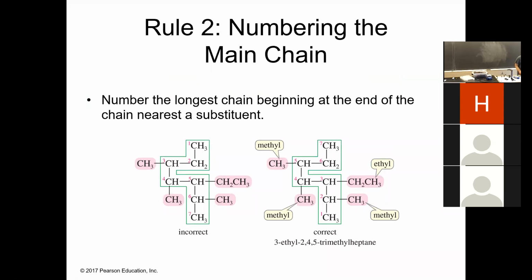Okay, and then we number the main chain. Okay, we number the longest chain beginning at the end of the chain nearest the substituent. Okay, so this is the correct representation. We start here. This is 1, 2, 3, 4, 5, 6, 7.